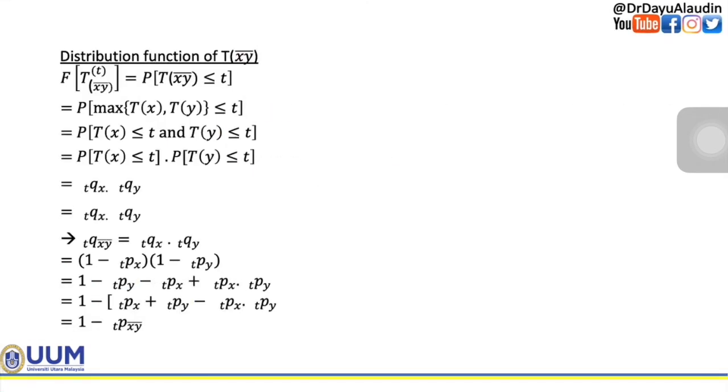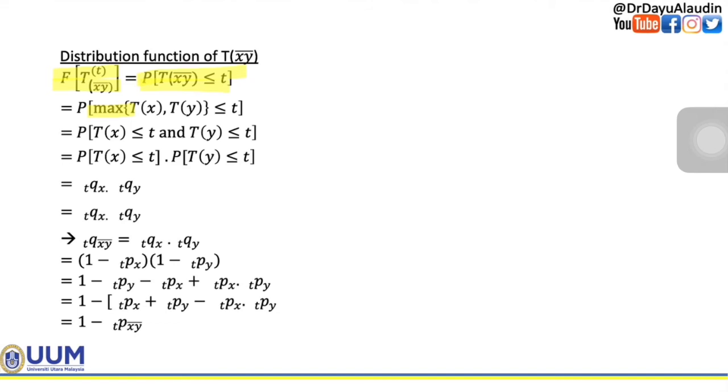Now we go to the distribution function of TXY. So the big F, the DF, is the same as JLS. However, the difference is we take the maximum future lifetime of both X and Y. So in JLS, we take the minimum future lifetime.